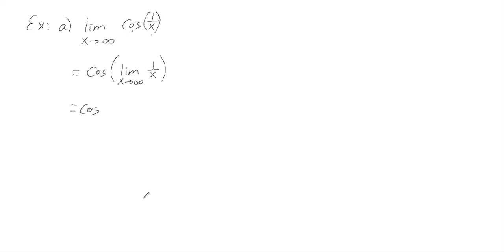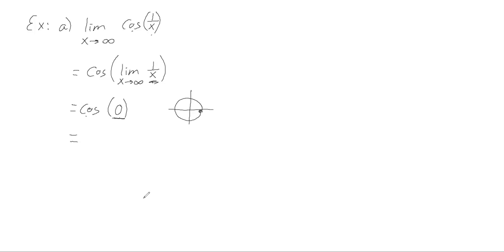Now, what is the limit as x approaches infinity of 1 over x? That's one of the ones we memorized, right? It goes to 0. So that limit did exist. It is 0. Now, is the cosine continuous at that 0? Yeah, the cosine is continuous at all real numbers. So what is the cosine at 0 radians?